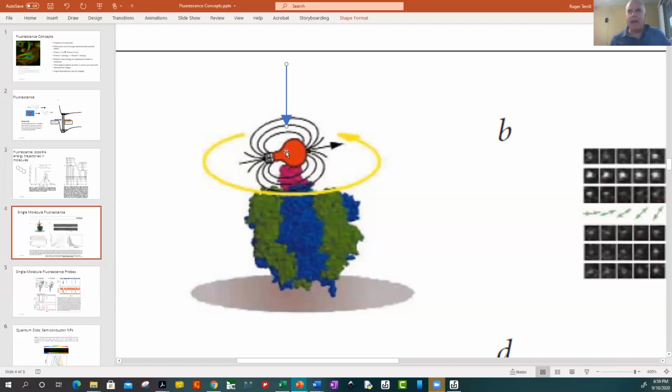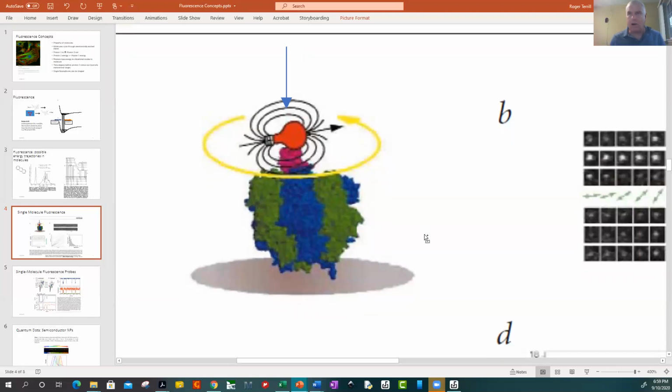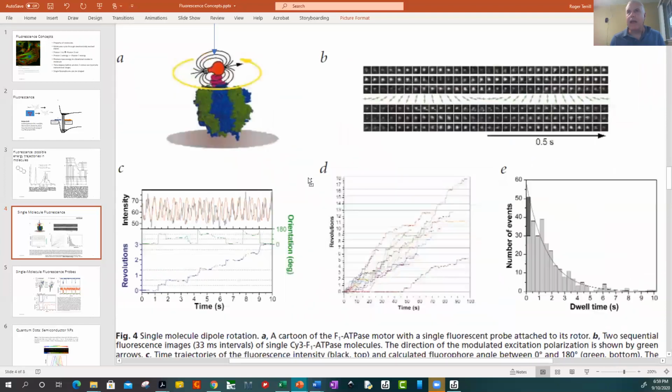So the fact that this is in publication means that it worked. They're able to take pictures of this little bright spot on their microscope slide.